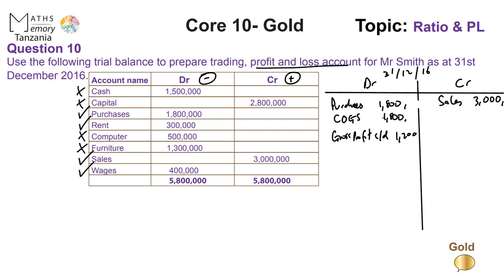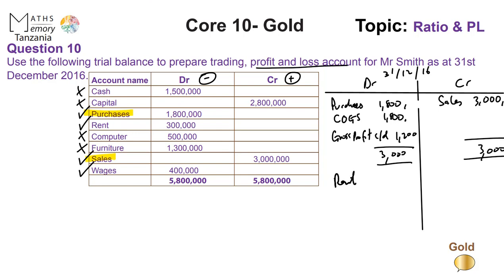So once we've got this, this would now be 3,000 over here, and this would be 3,000 as well, Tanzanian shillings. What else is on here too? We've done the purchases, we've done the sales. Let's look at the rent and the wages now. It's 2 more things.